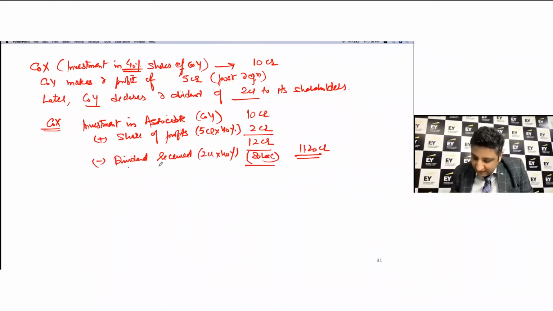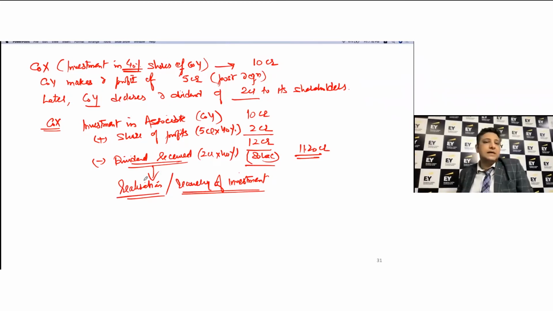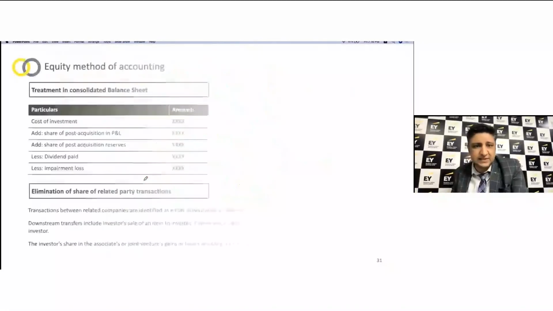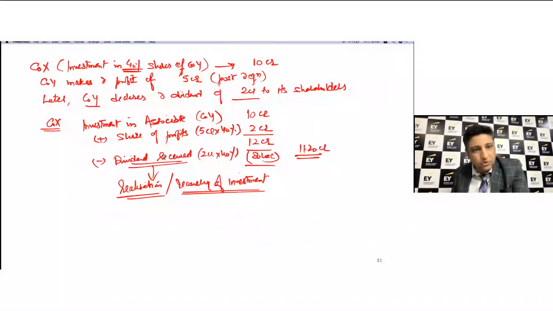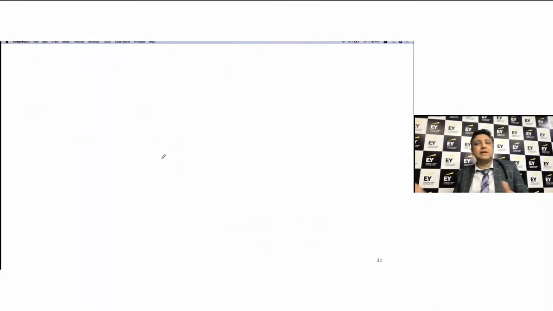A dividend received is considered to be a realization or recovery of investment. So that's one perspective. What we discussed here just a while ago is how you start looking at the accounting for dividend received. But we now want to talk about those upstream and downstream transactions. Let's have a look at that.